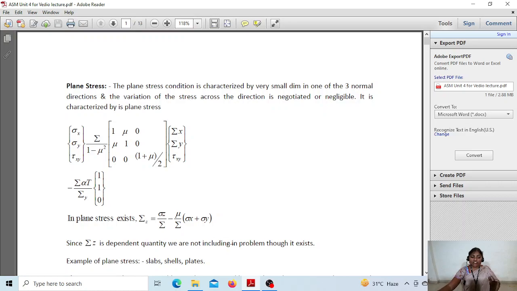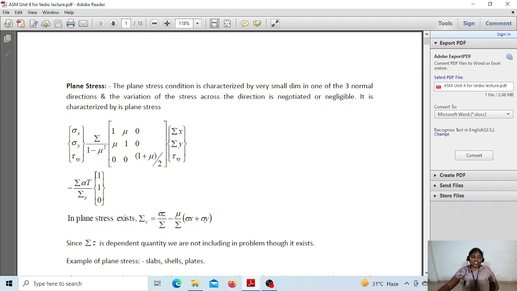Whenever you have a plane stress condition, your sigma x, sigma y, tau xy is related to epsilon x, epsilon y, gamma xy. Sigma x, sigma y, tau xy is equal to E by 1 minus mu square into the matrix 1 mu 0, mu 1 0, 0 0 (1 minus mu) by 2, which should be multiplied by epsilon x, epsilon y, gamma xy.